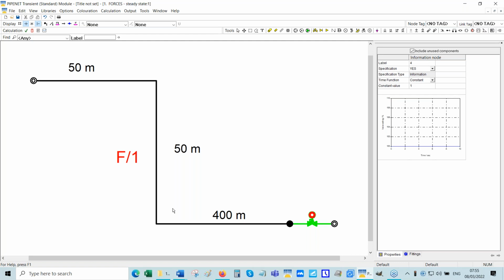The definition of a force in a pipe like this is very, very simple. You do not necessarily need to have a node in order to be able to calculate the force. You can define the force, leave the pipe in this way and calculate the force on that section by defining the control volume appropriately. And that is what we're doing here.